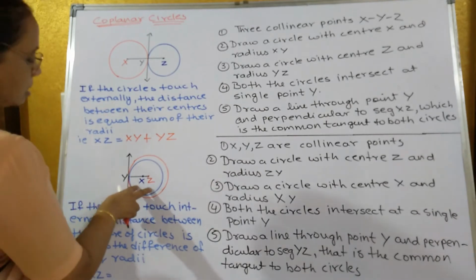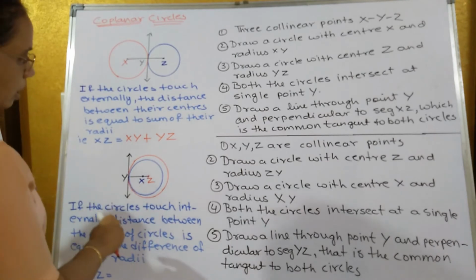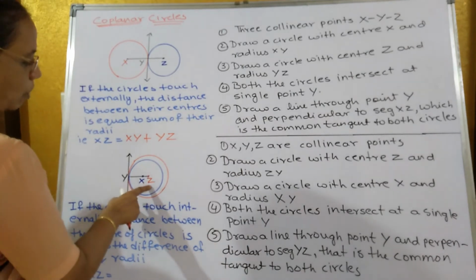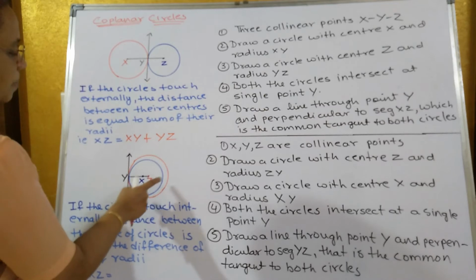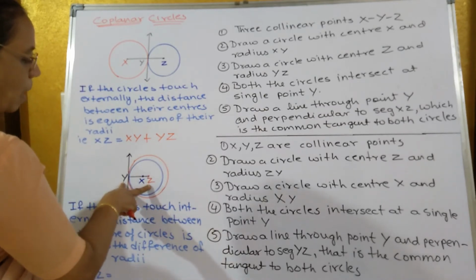Similarly, when the circles are touching internally, here also X, Y, Z are collinear points. So draw a circle with center Z, the red circle, and radius YZ.